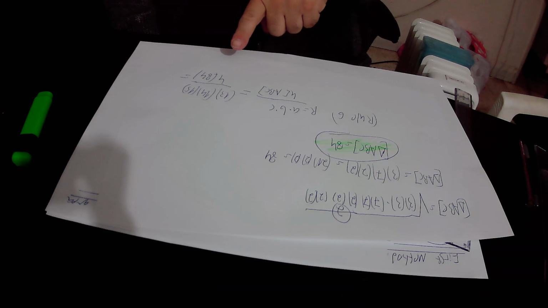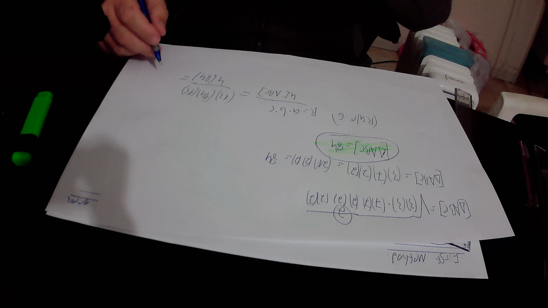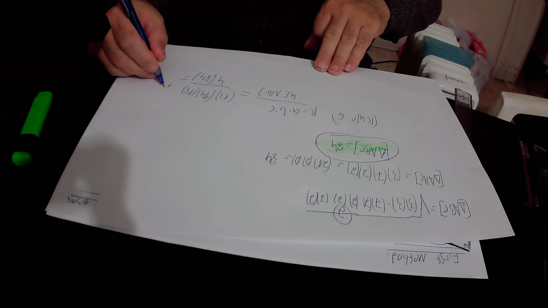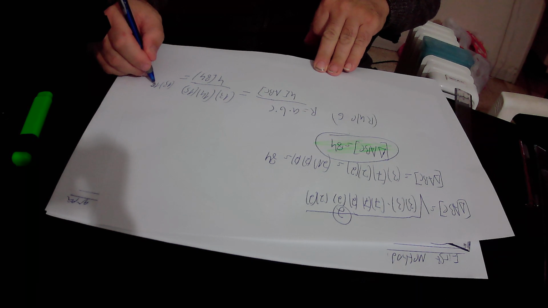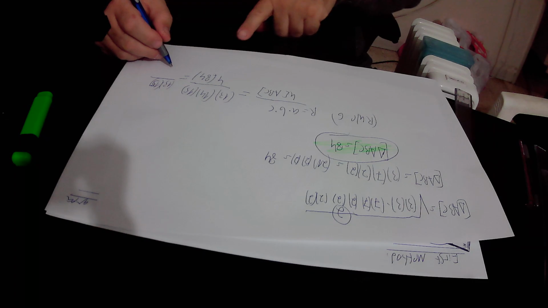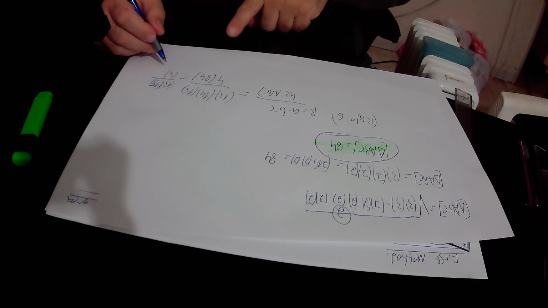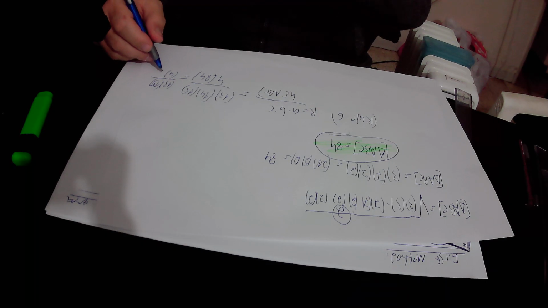So in the numerator we have 14, and 14 over 14 is 1, so we are left only with 13 times 15 over, in the denominator we have 4 times 84 over 14, which is 6.